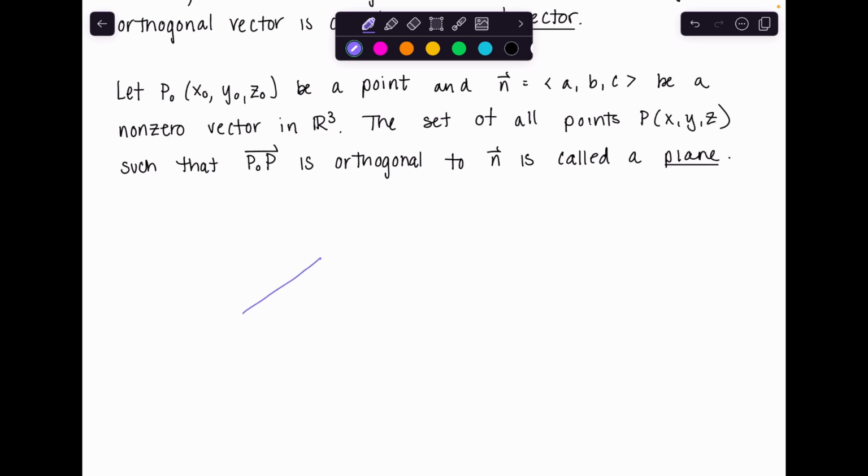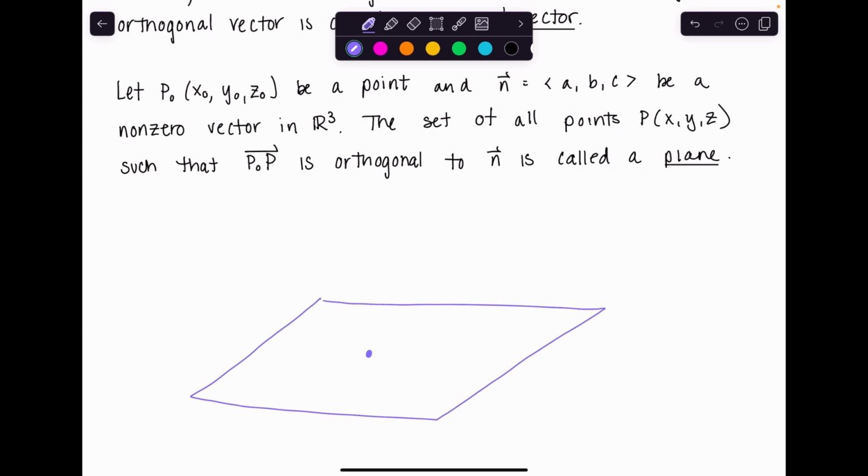So here is our plane, hanging at whatever angle you want. Here is the point P0, which has the coordinates x0, y0, z0. Our normal vector n is going to be orthogonal to this plane, so it's going to shoot directly off. Here is n, which has the components a, b, c.